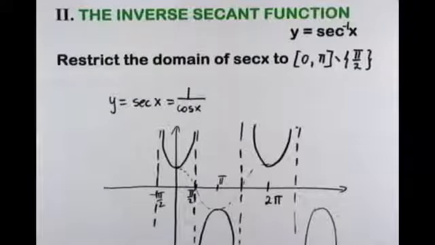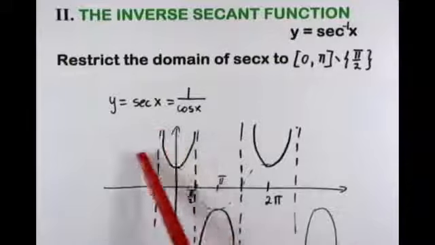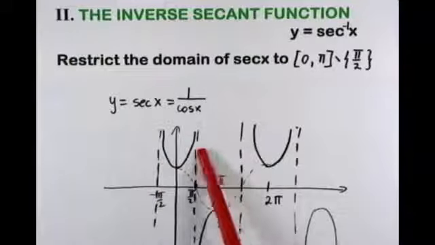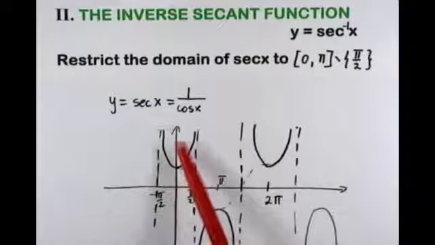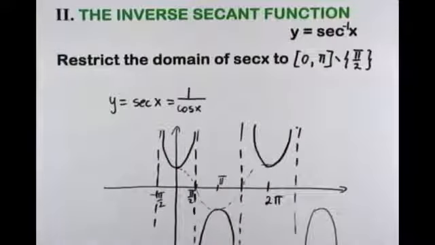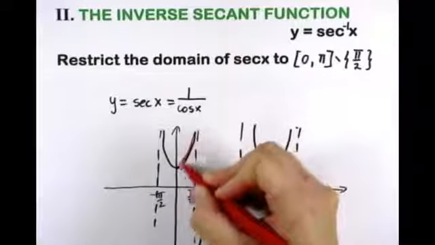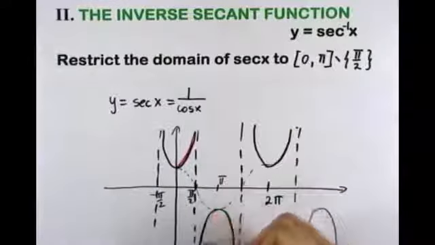First, we cannot take just this one bump because this one is not one-to-one. If you take a horizontal line, it is not one-to-one. So we do need to take this part and this part only of the secant graph.